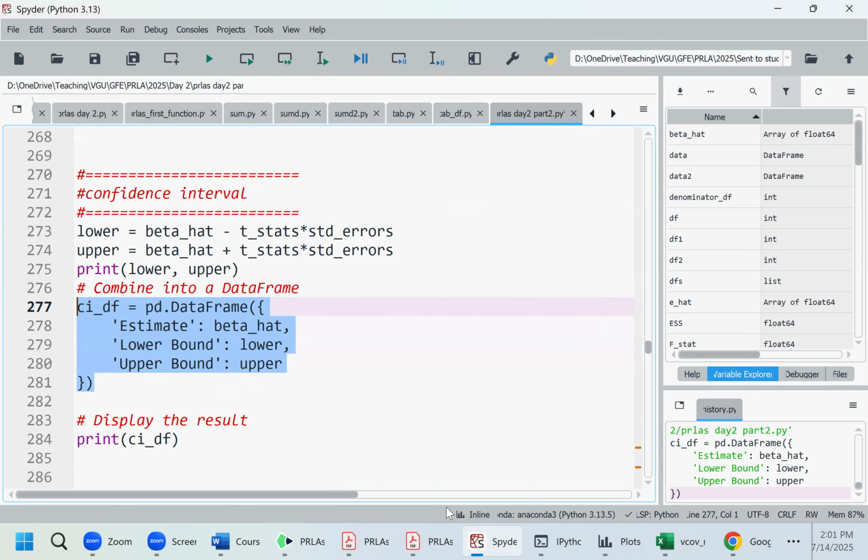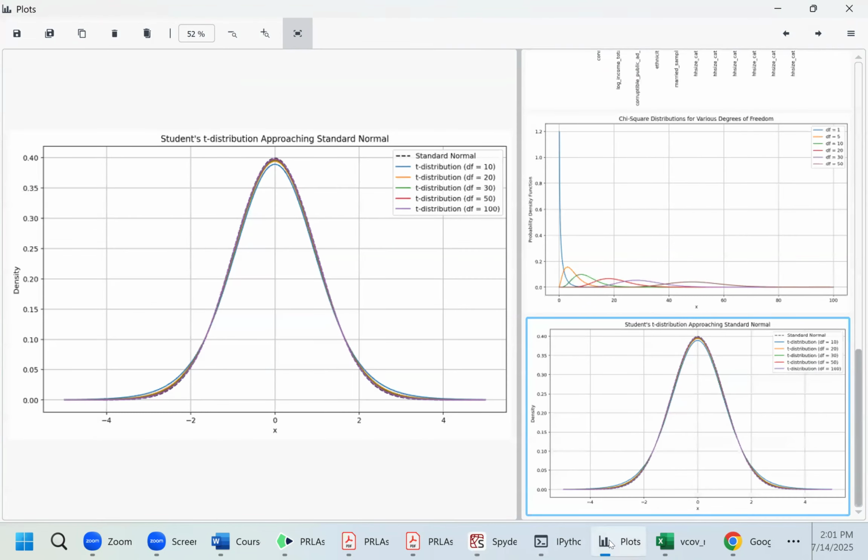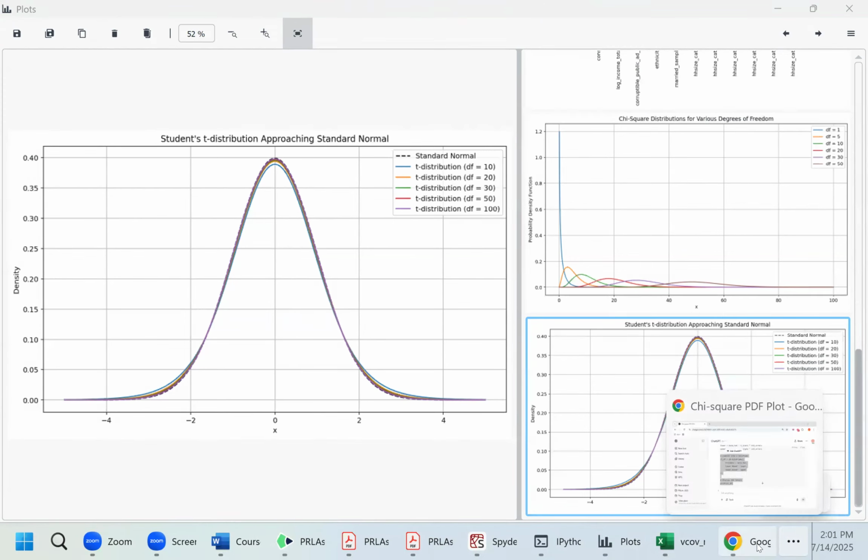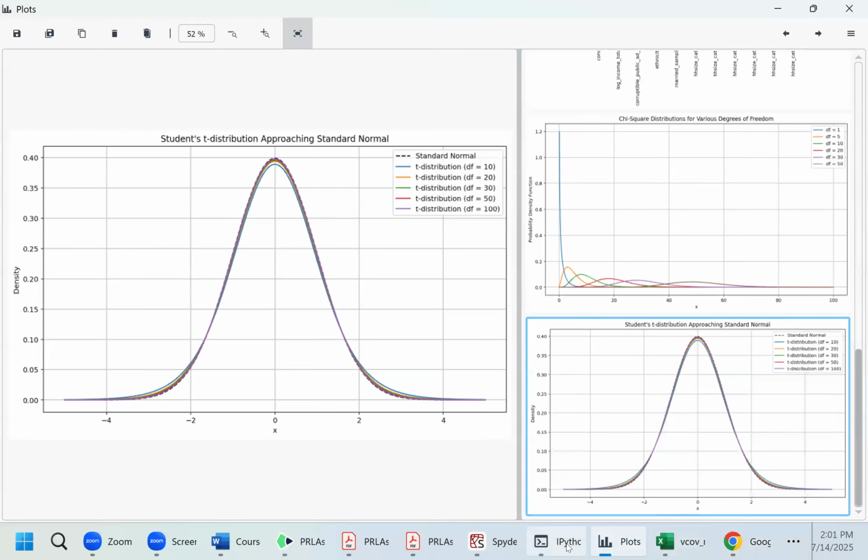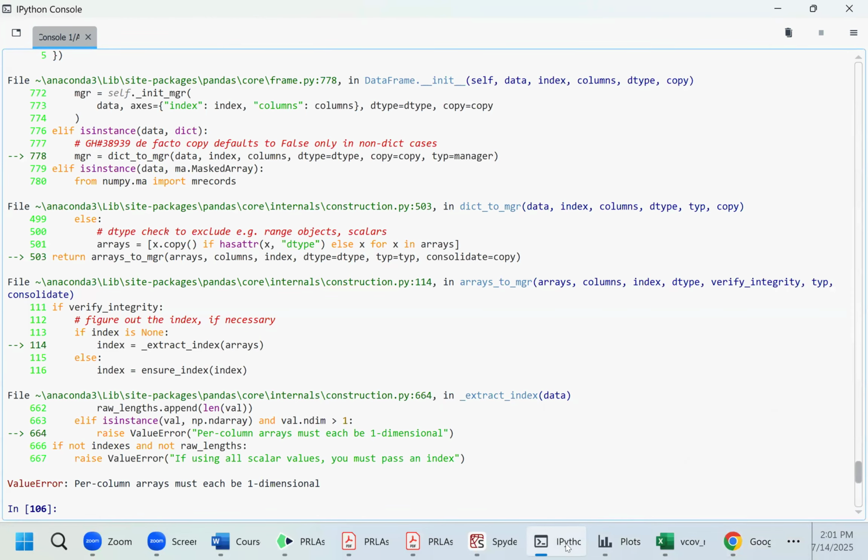So what do we get here? Per column arrays must each be one dimension.